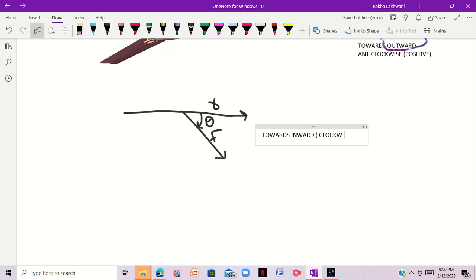And conventionally clockwise is taken as negative. It is taken as negative, right? And basically the symbol of the clockwise torque is like this.